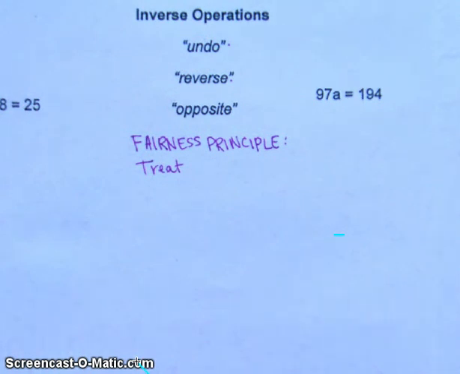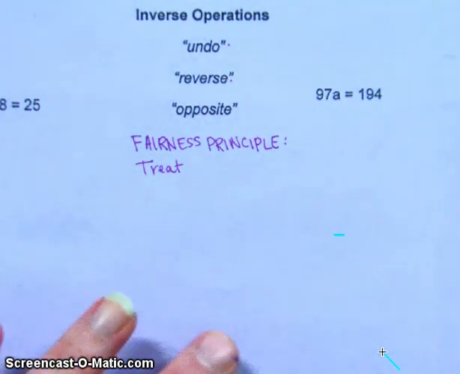If they take your sibling out for ice cream, then you would like them to also take you out for ice cream. Or fairness is also if you and your sibling get in trouble for having poor grades, then both of you should have the same consequences. Okay, so it's just fair that way, right?